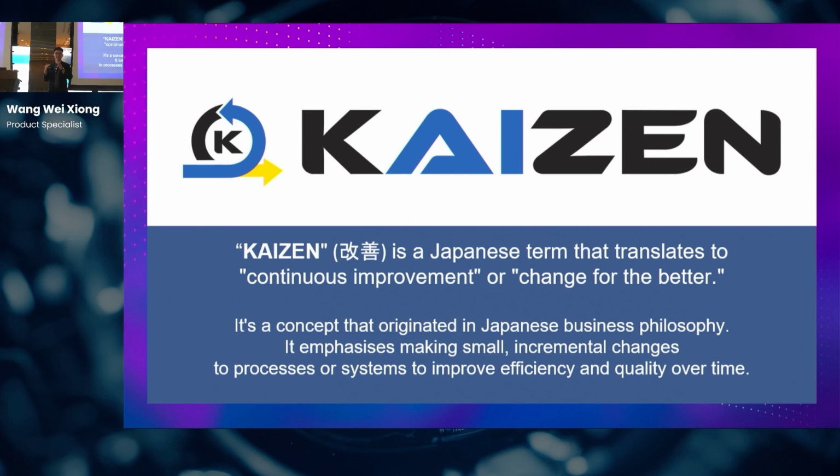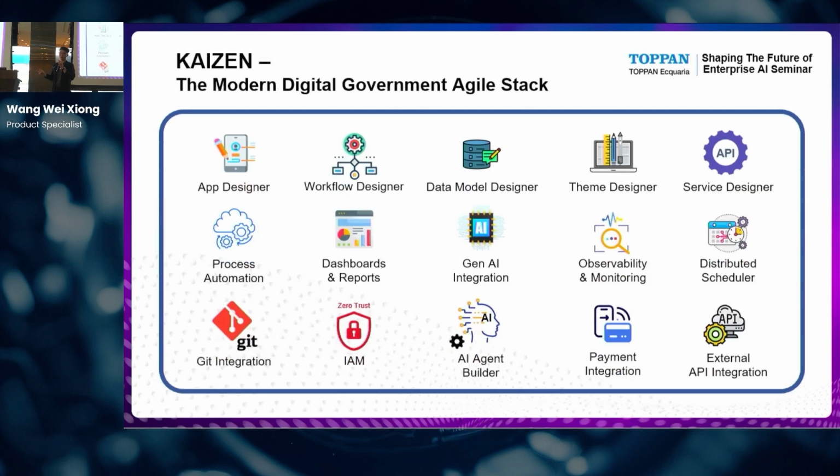This also aligns with how we want to do things in an agile fashion. Our application later on is built using the app designer, as we can see the mouse over there, and our AI agent is built using AI agent builder.